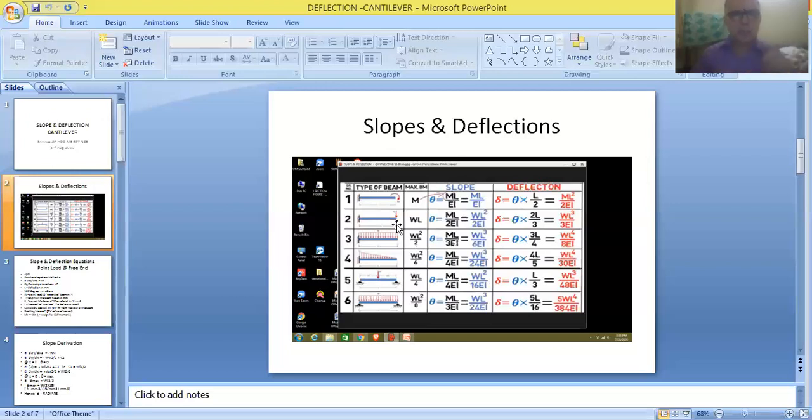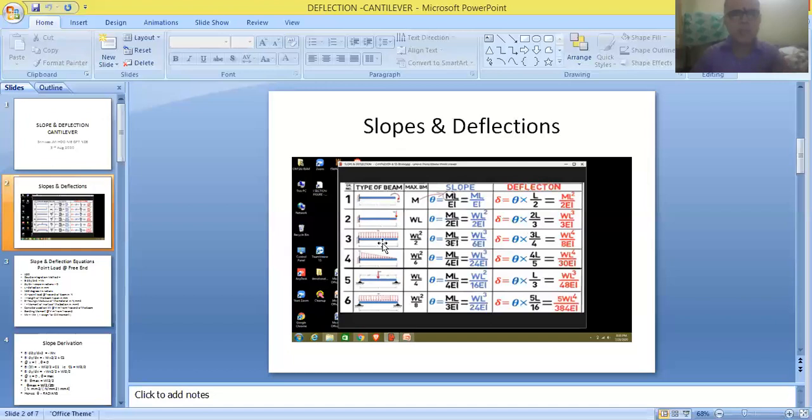In both the cases, the beam is one and the same. This is called a cantilever, and this is also called a cantilever. But a point load is acting on the cantilever here, and a UDL is acting on the cantilever here. So if a point load is acting, we have to use these two formulas for measuring slope and deflection values.